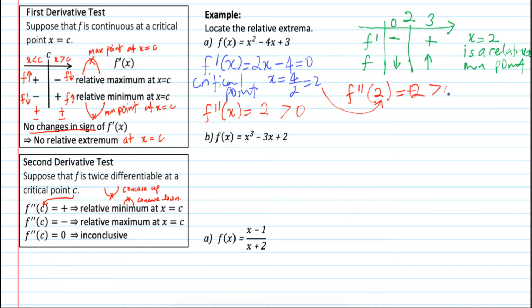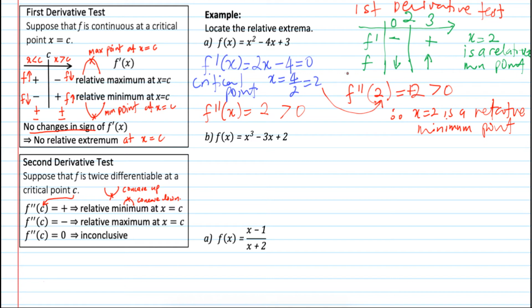And this is greater than 0. It means that you have a positive number. Therefore, you can say that x equal to 2 is a relative minimum point. Two different tests. This one, first derivative test. And this one, second derivative test.